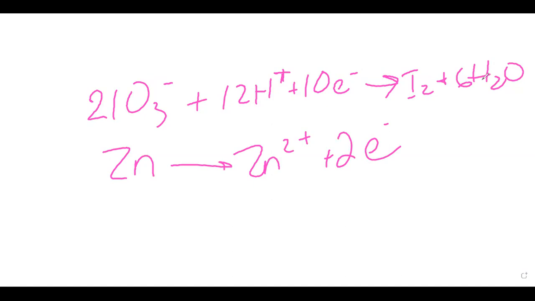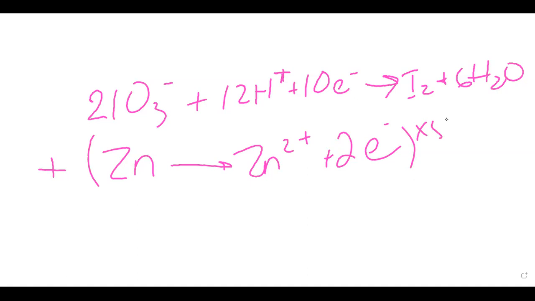So how can we go ahead and do that? So what do you think? How can we go ahead and add the two equations together to get a total balanced equation? So I guess first the equation below we should multiply it by 5 so that the electrons become equal.